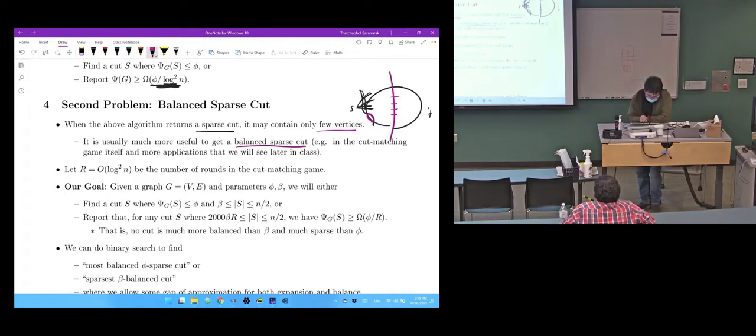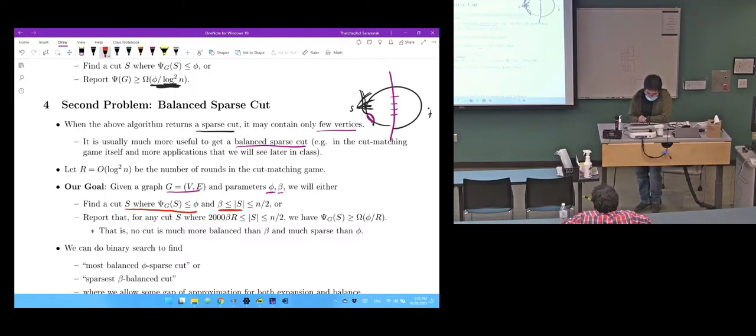So now the goal is this. You have a graph and a parameter phi for sparsity and beta for balance. Now the goal is not just to find a cut which is sparse, but it should be as balanced as beta.